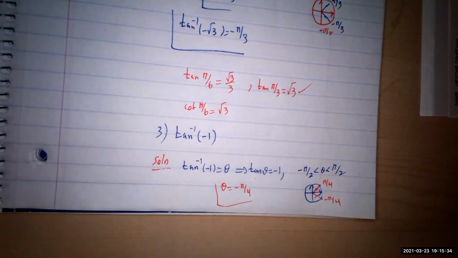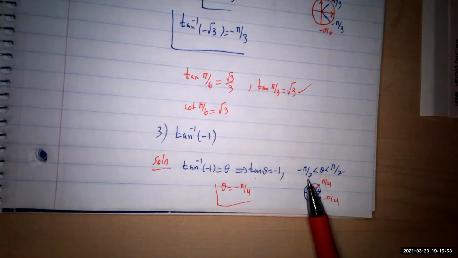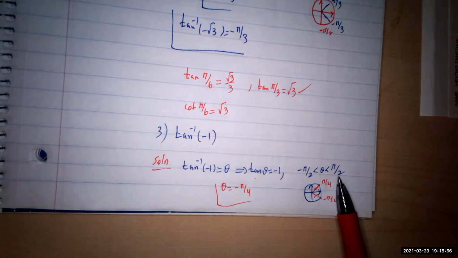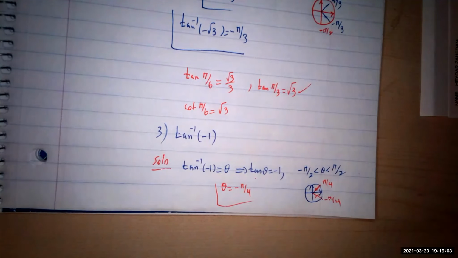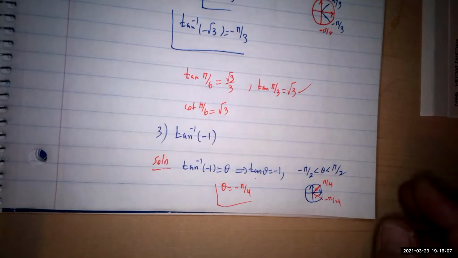For all the negative numbers for the tangent, the same thing would happen, and for the sine inverse, not cosine, because the cosine is negative in the second quadrant and its range is 0 to pi, so you're not going to miss it. But in the case of the sine inverse and the tangent inverse, since the domain is -π/2 to π/2, you have to be either in the first or the fourth quadrant. So you have to pick negative angles for these two. This is what you shouldn't miss. Any question?